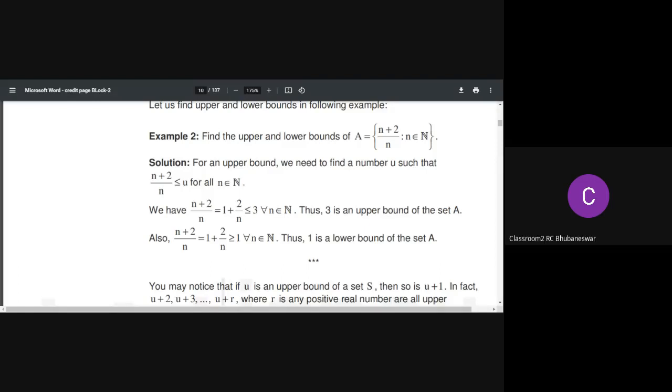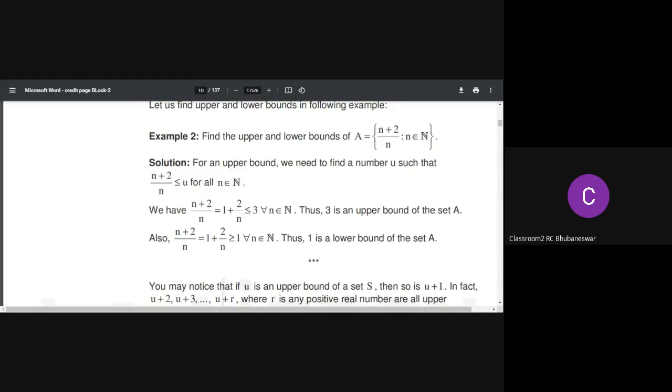So it is an infinite set, and clearly this set A is a subset of the set of real numbers R. Now, whenever we choose the relation given inside the set, n plus 2 divided by n, clearly this value will be less than or equal to all u, where u is a real number R.